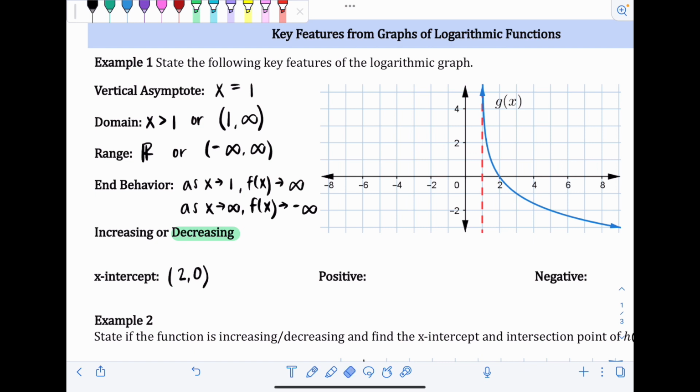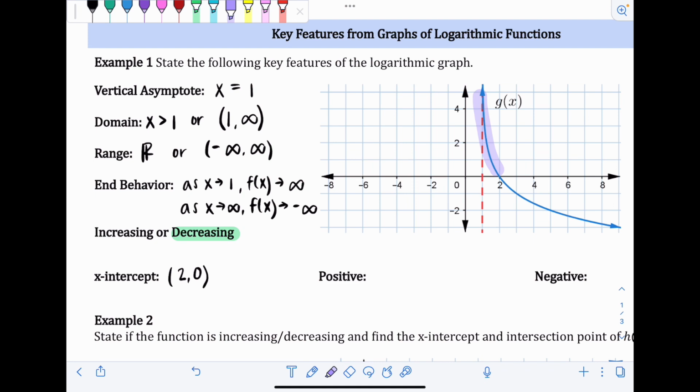And then for the last two parts, positive or negative, that's asking where are the y values of the function above or below the x-axis. So kind of where is the function giving you a positive output value or a negative output value. And you look at that by determining whether the y values are positive or negative.